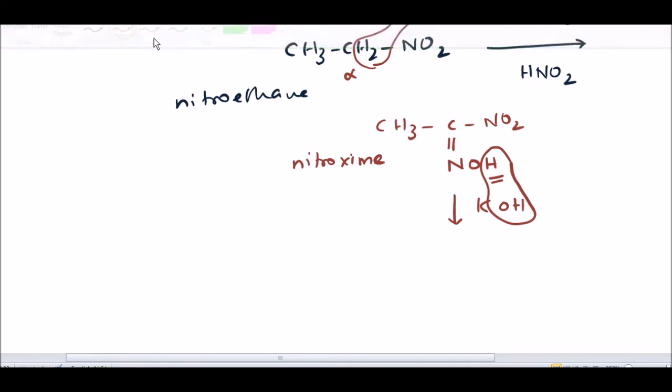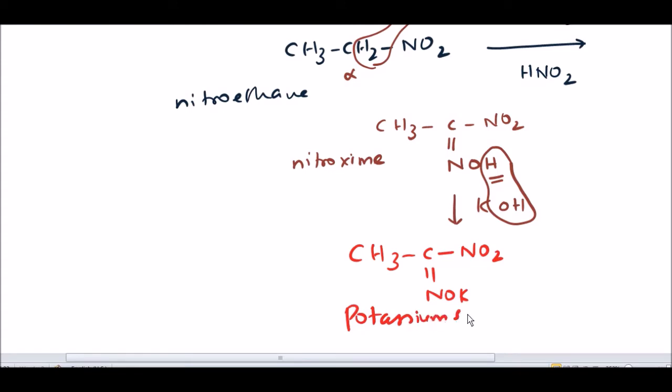It's CH3, C double bond, NOK, already bonded with NO2. This potassium salt of the above given compound is red in color. So the red color indicates the presence of primary type alcohol.